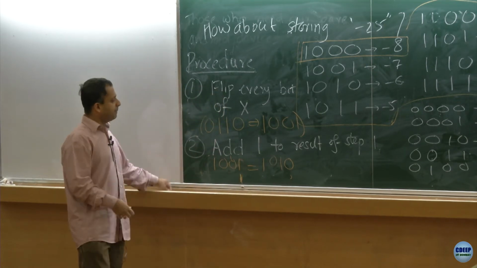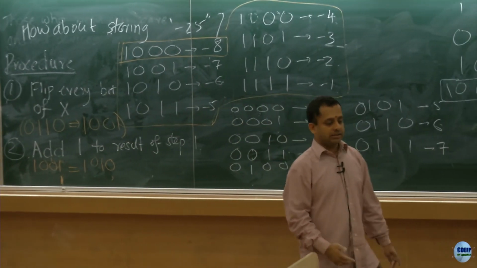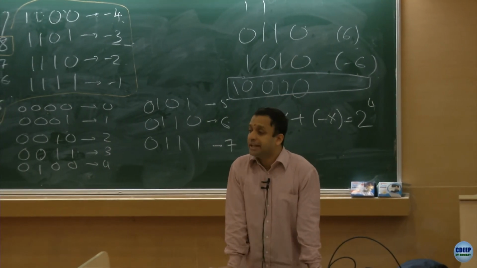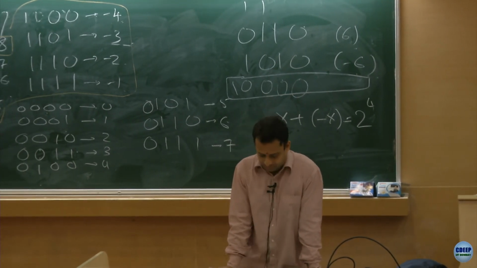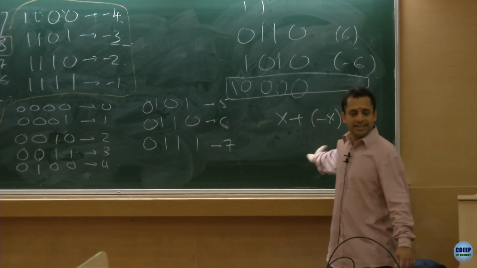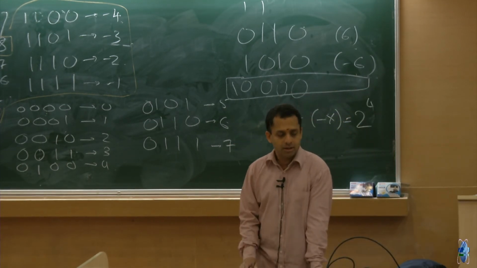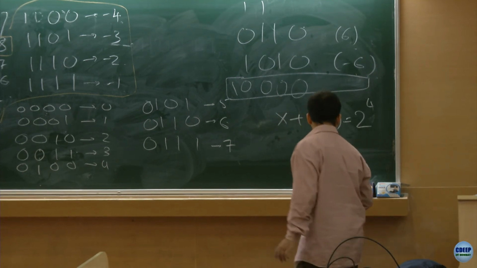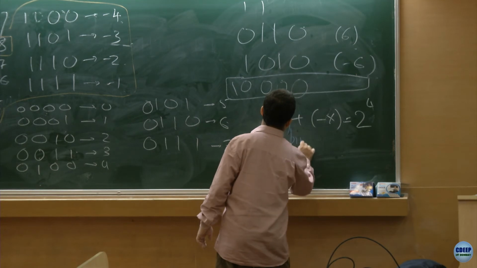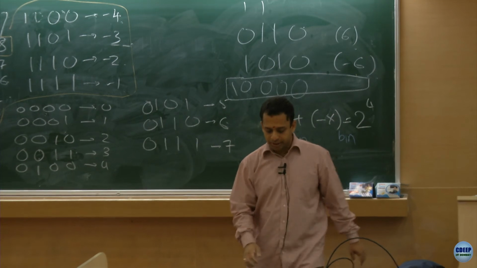Okay. So these two steps give you the binary representation for the negative of any number x. And this is exactly corresponding to this expression: the representation of x in binary form and the representation of minus x in binary form sum up to 2 raised to n.